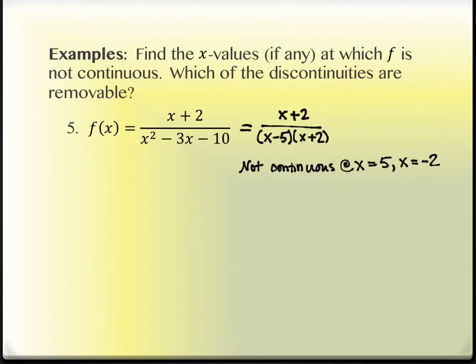However, like we mentioned before, this does cancel, right? And since it's canceling or able to be removed from being a problem, it is a removable discontinuity. So I have a removable discontinuity at x equal negative 2. And visually speaking, that means there's a hole in the graph.